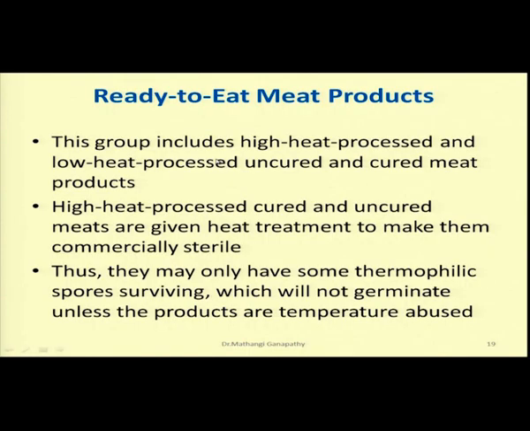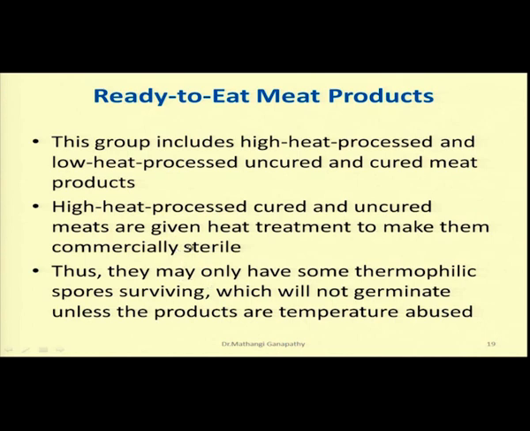This is normal. Now let's see what is going to happen to ready-to-eat meat products. As you are all aware, ready-to-eat meat products include high heat processed and low heat processed, uncured and cured meat products. Depending on which category your ready-to-eat meat products belong to, the type of spoilage manifested is going to be different. If it is cured and high heat processed meat, normally we can again give it heat treatment to make it commercially sterile.